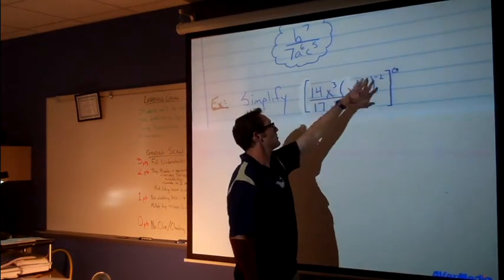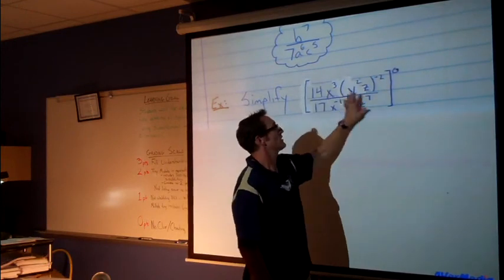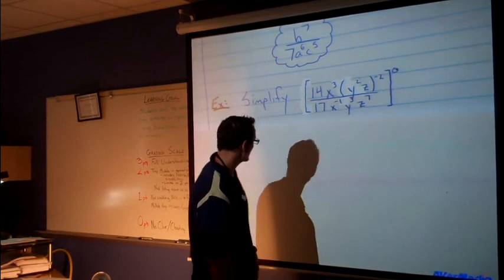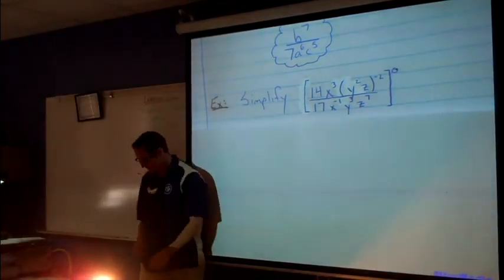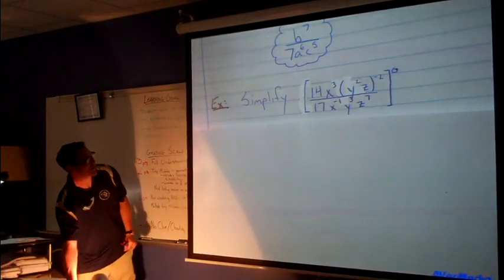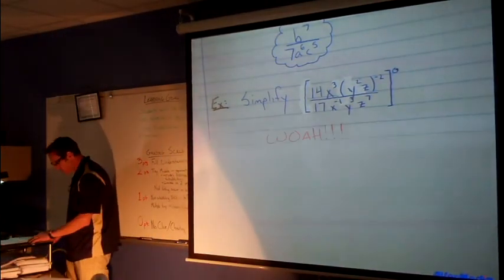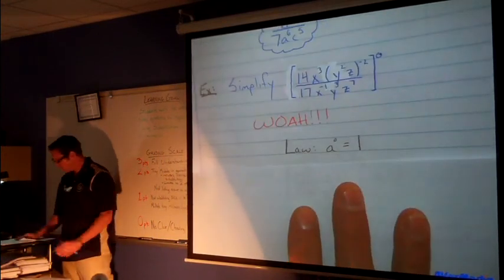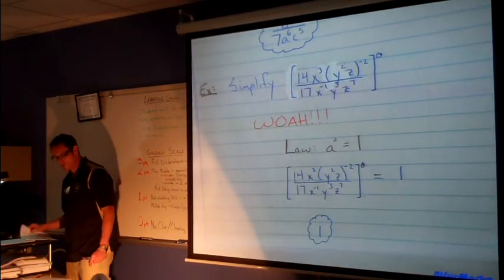It would be so crazy to work this out, then all of a sudden you notice, what is that? Is that a 0? That's a 0. If that's a 0, we only have one law to work with: anything to the 0th power is 1. This whole thing shakes out to be 1.